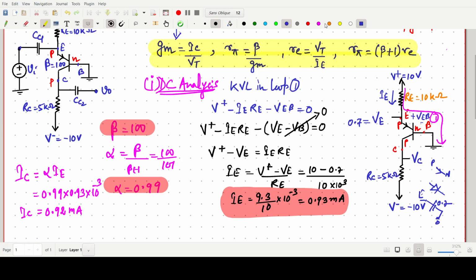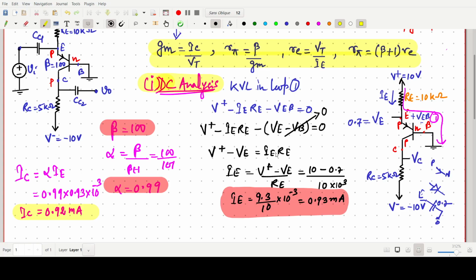So in this question, this is a very good problem in which we can cover so many things. We have started with the DC analysis. So some DC analysis we did for this circuit. So this VC also, sometimes how to find this VC, collector voltage.